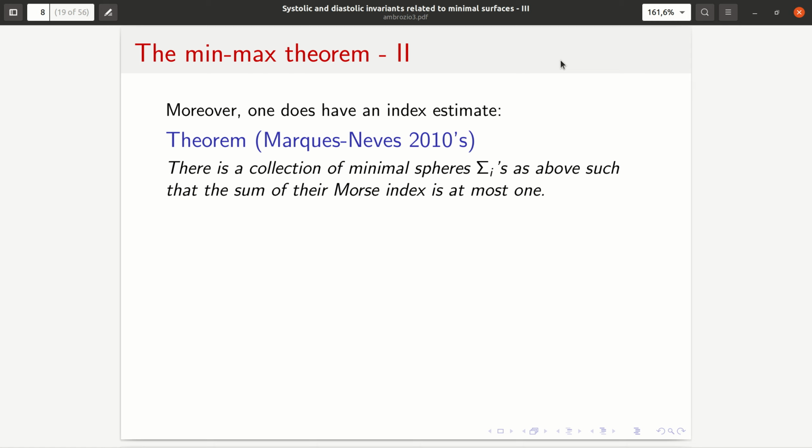In this case we are doing a one-parameter min-max argument, and what we expect is an index bounded by 1. Marques and Neves in the last decade confirmed this: they showed that in the previous min-max theorem, you can find the minimal spheres in such a way that the sum of the Morse indices is at most 1.